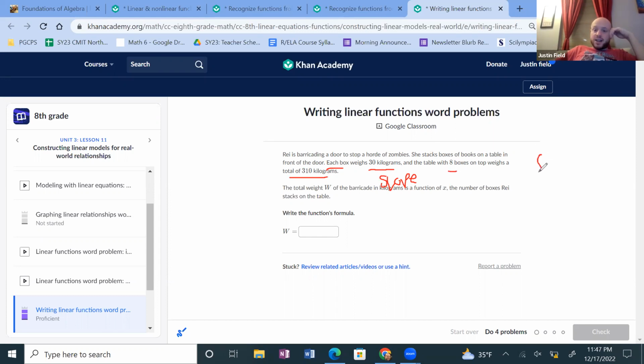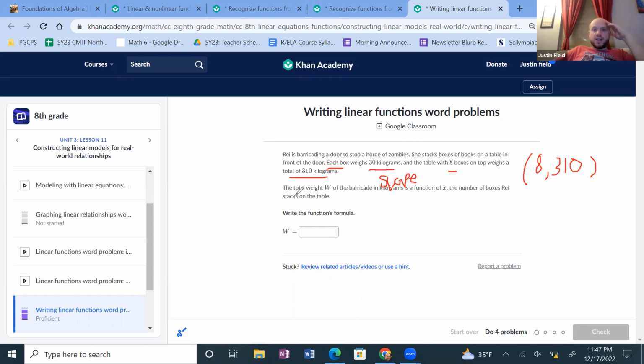So that is a point, but it's not the y-intercept. Important to know that the y-intercept is a point. Sometimes we say, is this the y-intercept or a point? But the y-intercept is a point. And this is a point. It's 8, 310, where x represents boxes and y represents kilograms.